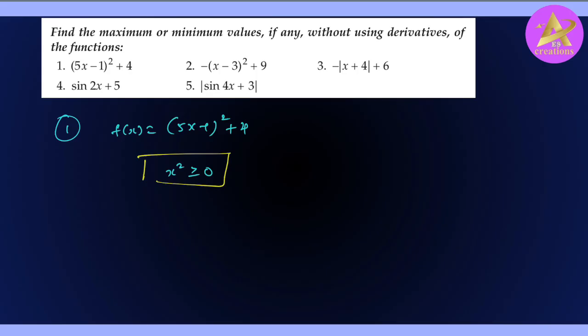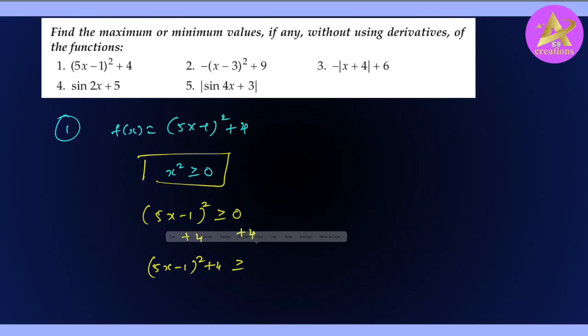From this logic, (5x minus 1) square is always greater than or equal to 0. Additionally, plus 4 is there, so just add plus 4 on both sides. We get (5x minus 1) square plus 4 is greater than or equal to 0 plus 4, which is 4.